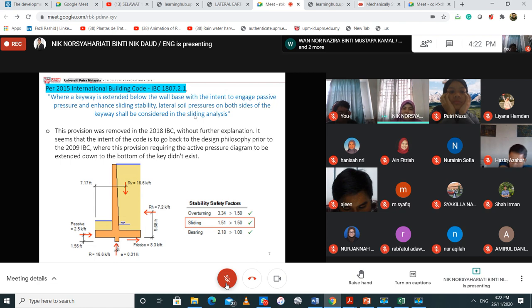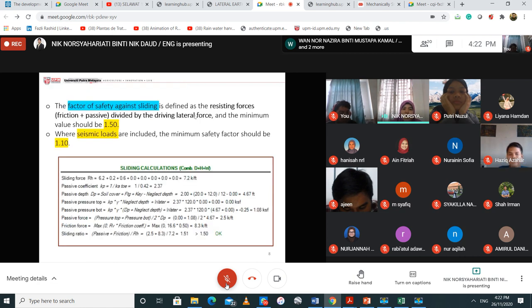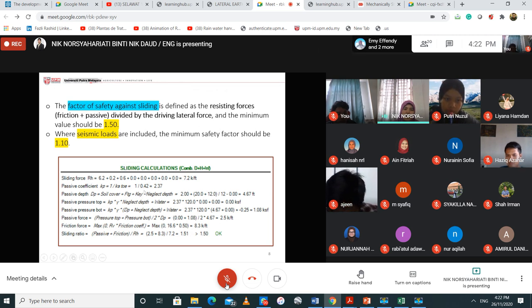Okay, right. So calculation dia macam saya kata tadi lah, sliding should be under the passive force, the friction or resisting force of it. So sekarang ni dalam you punya spreadsheet, this is the calculation contoh lah, a sliding calculation, which includes also the key, shear key ni, right?